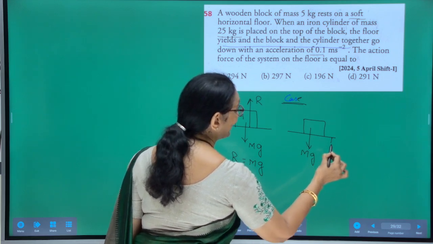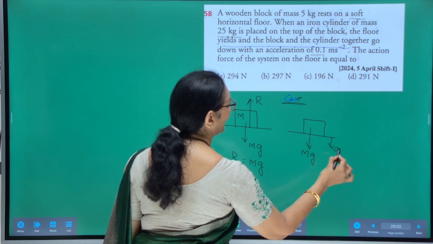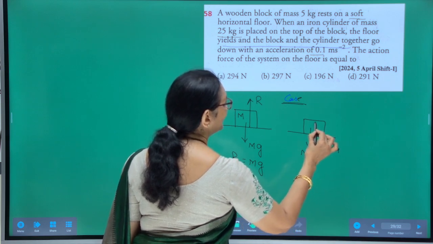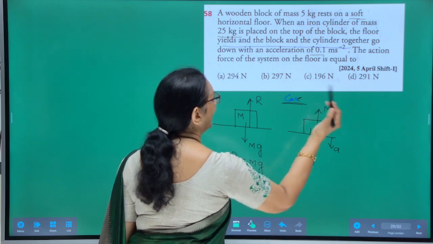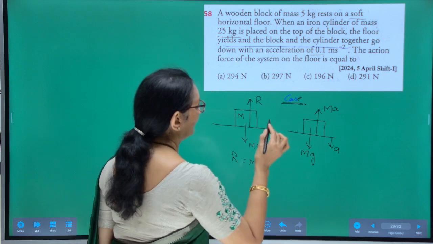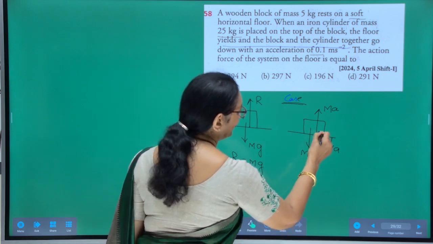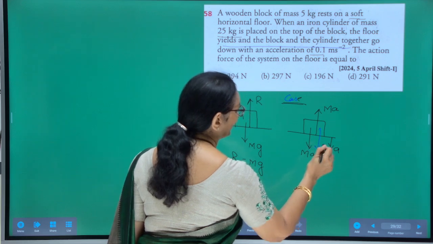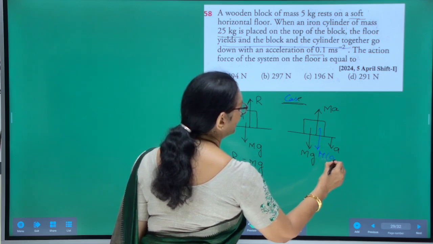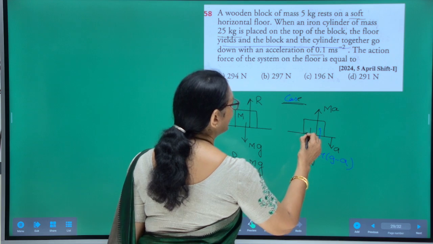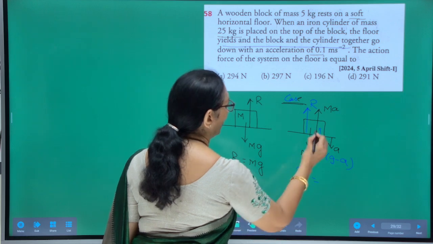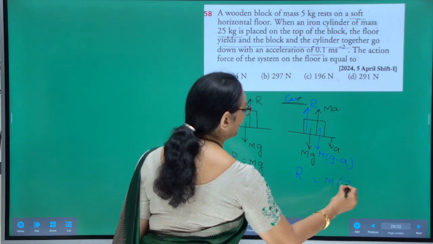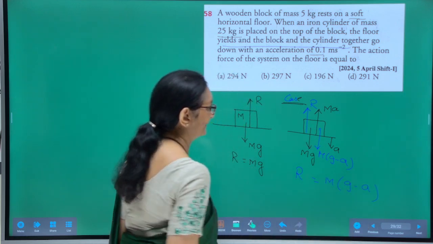If the surface is given a downward acceleration, a pseudo force ma acts on the block in the upward direction. So, the force with which the block presses the ground becomes m into g minus a. As a result, the reaction force developed on the block will be m into g minus a.